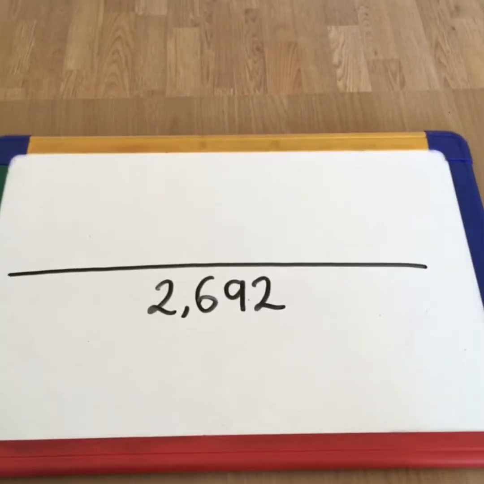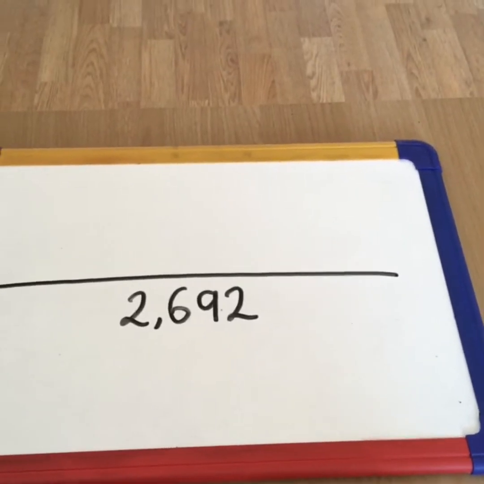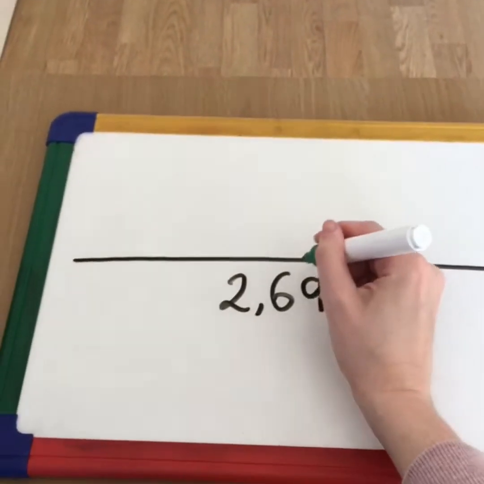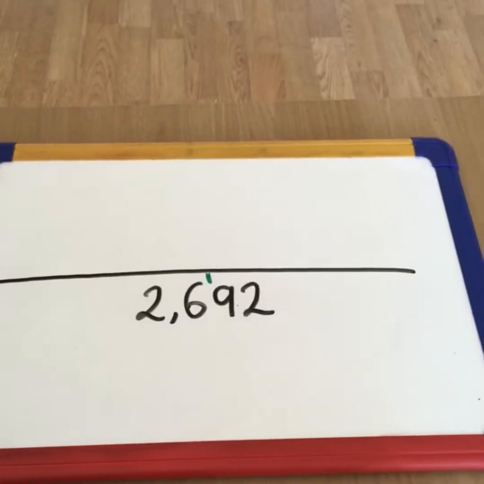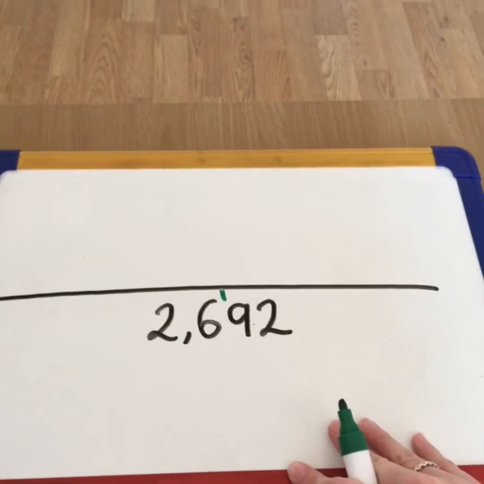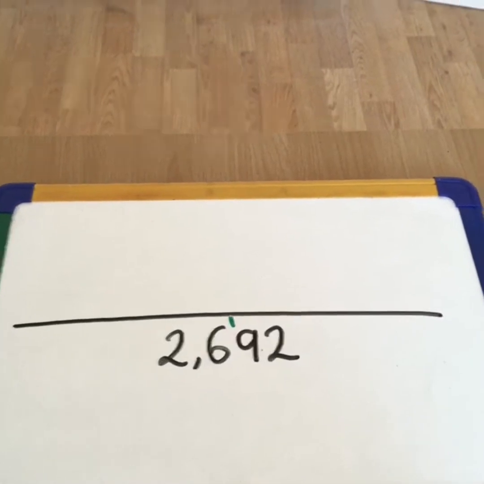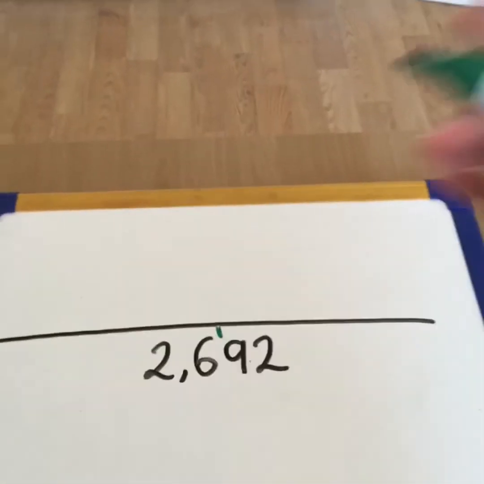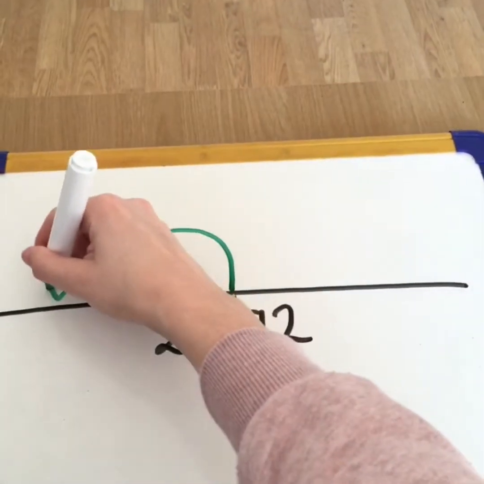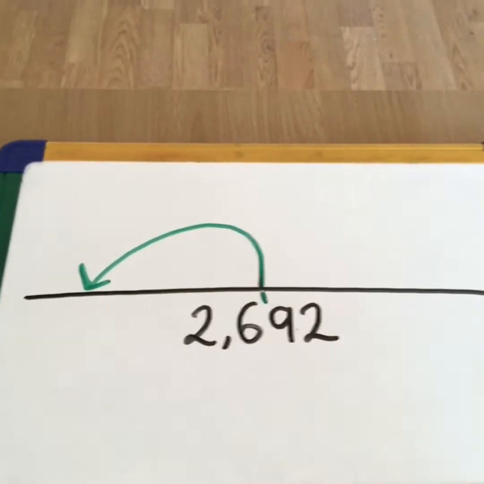The way we're going to represent it, just like yesterday, is on a number line. So I have started with 2,692 trees. Now, first of all, we had some trees chopped down. So if the trees have been cut down, is that addition or subtraction? Hopefully you're all saying subtraction because you're getting rid of them. So we're going to subtract. I'm going to go this way because the number is getting less.